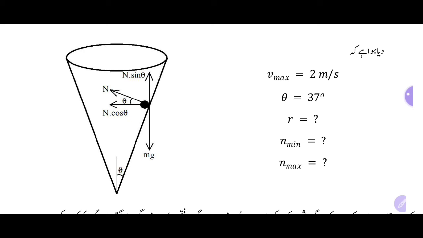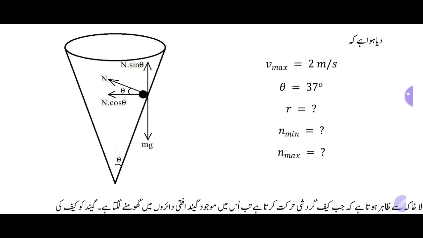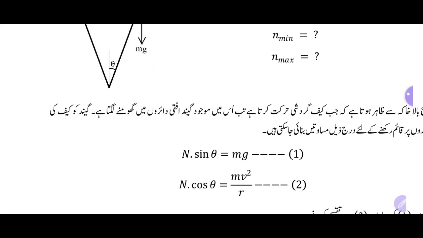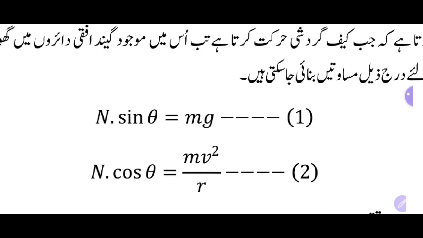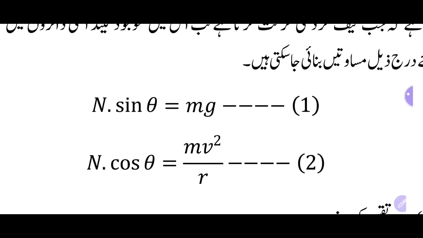Comparing the vertical line, we get N sin theta is equal to mg, and comparing the horizontal line, we get N cos theta is equal to centripetal force, mv square by r.